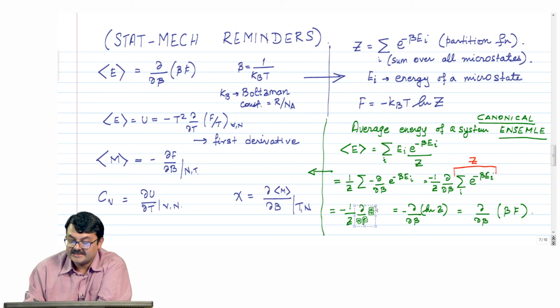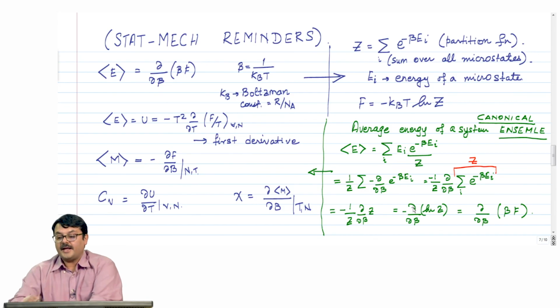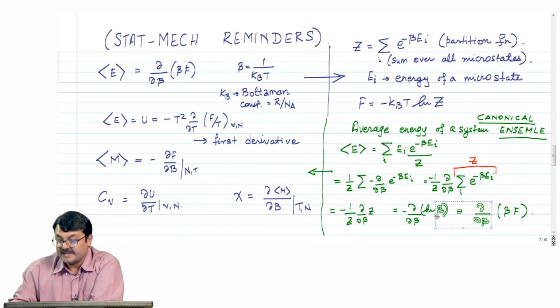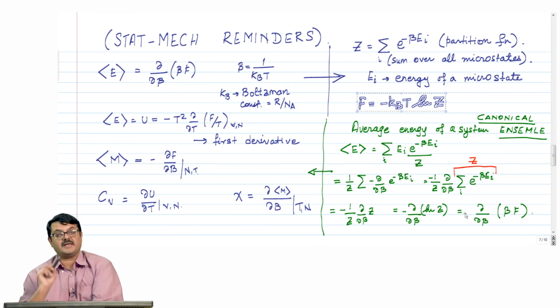Minus 1 by Z del Z by del beta can be written as minus del by del beta of log Z, and log Z is nothing but minus beta times F. I am just using log Z and writing minus k_B T, which takes care of the minus sign.